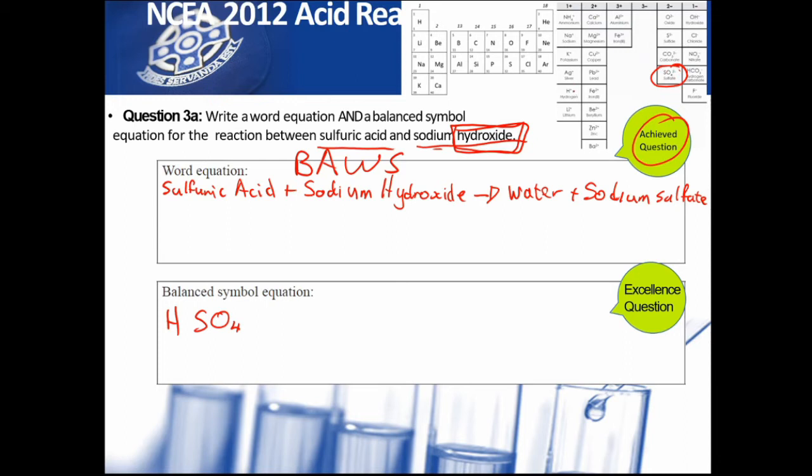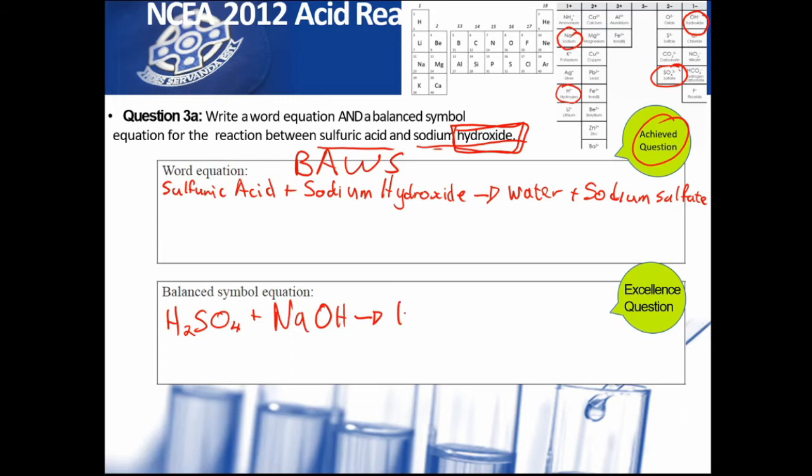Hydrogen over here is 1 plus. So how many hydrogens do we need to cancel out the 2 minus? We need 2 of them. H2SO4 plus sodium hydroxide. Sodium is Na 1 plus, and hydroxide is OH 1 minus. That is a 1 plus and a 1 minus, a 1-to-1 relationship. That is a match made in heaven. You don't have to add any numbers.